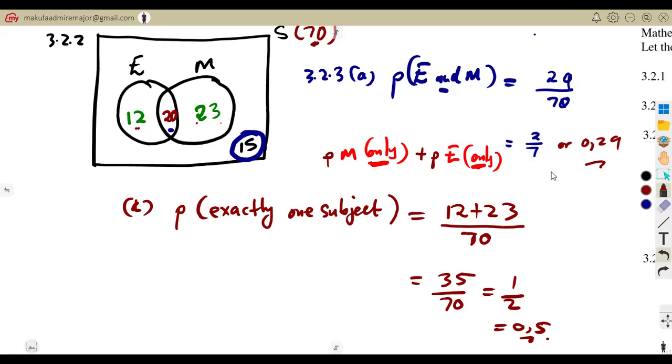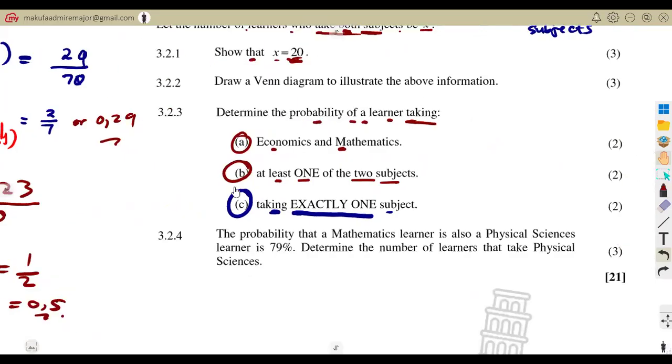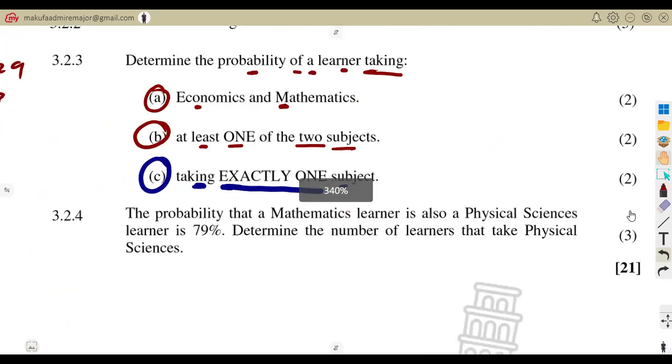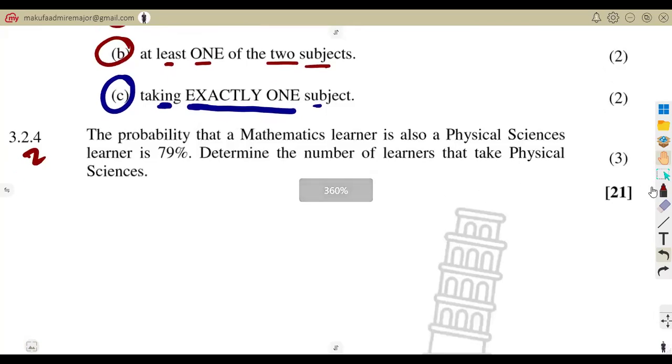Probability. Understand the question. Small presentation that you're given, try by all means. You see, that's a lot of marks, 21. Anyways, let's say 2.4. What are they trying to say here? The probability that a mathematics learner is also, take note, is also a physical sciences learner is 79%.